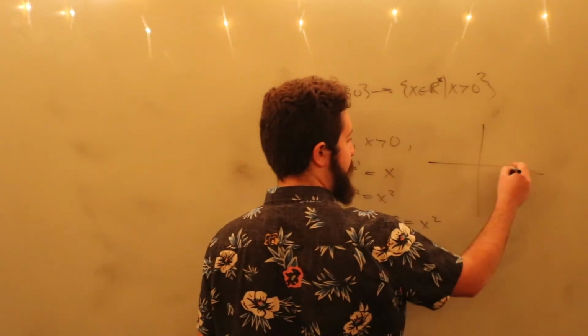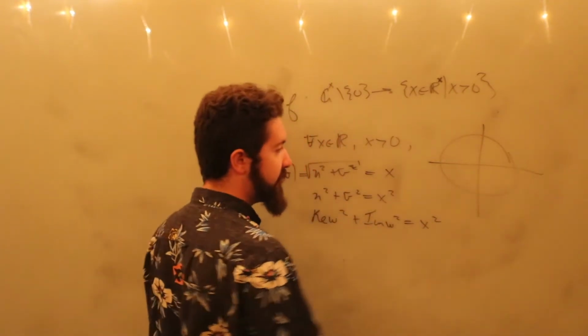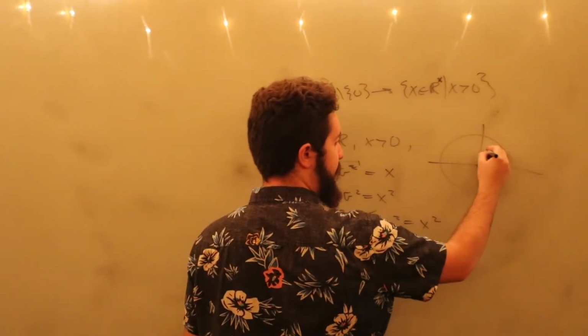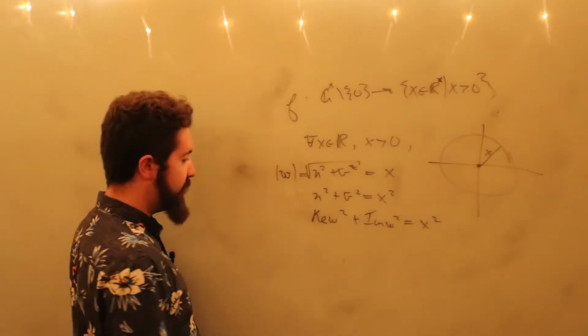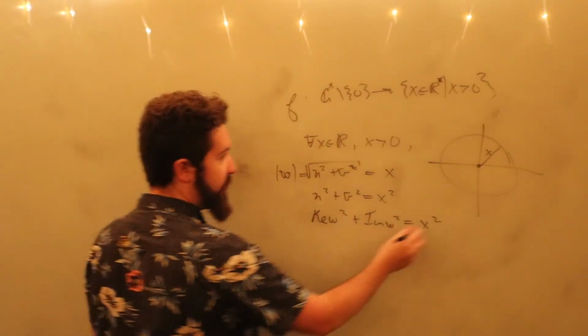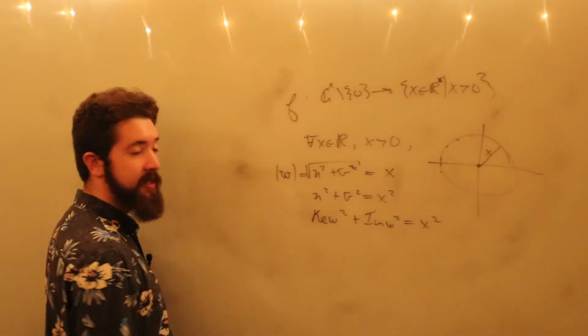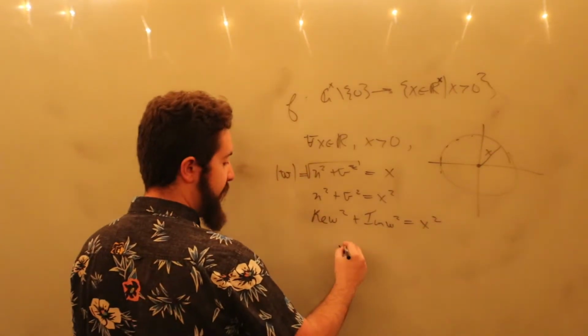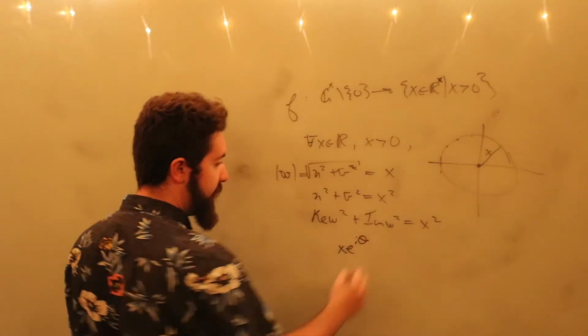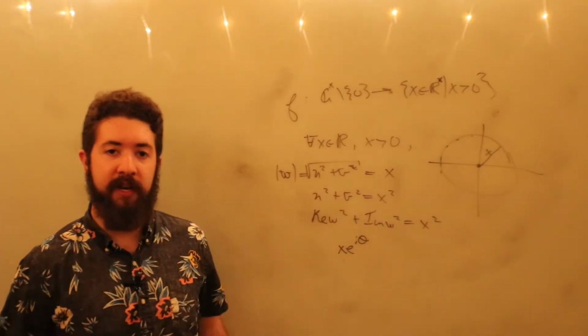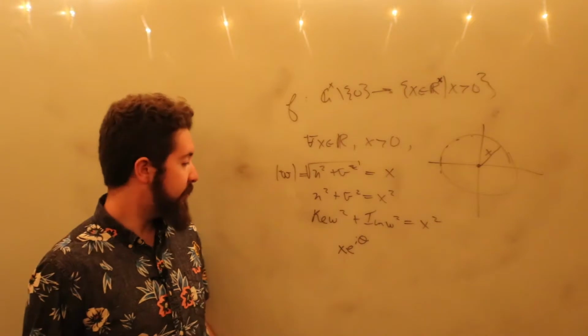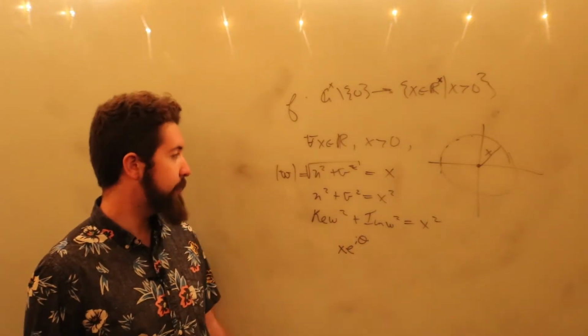So we have an entire circle, and this is distance x from the origin, so that any point on this circle, which can be parameterized in polar form as x e to the i theta, is going to satisfy this for any real number theta.